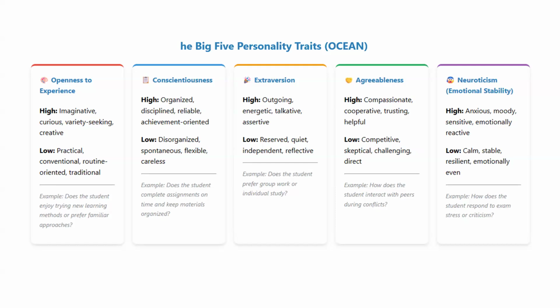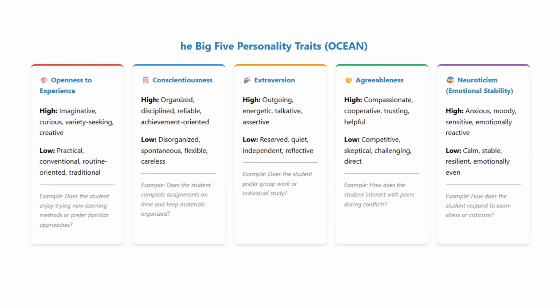Agreeableness: high in compassionate, cooperative. They like to work in groups, in society, trusting, helpful. They are very helpful. They help each other. Low agreeableness: competitive. Skeptical. They don't follow the same rules.